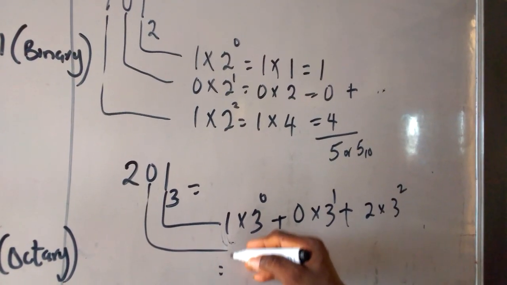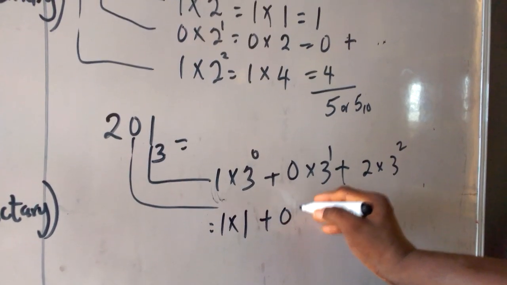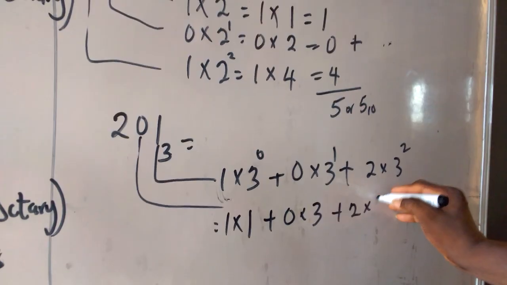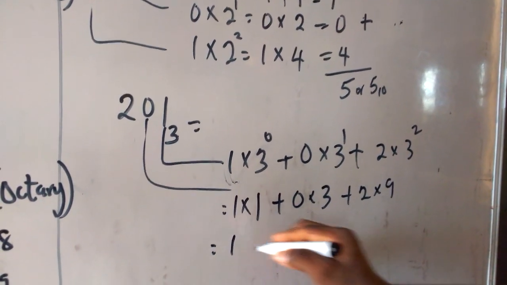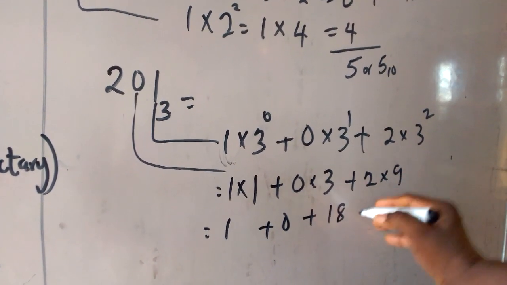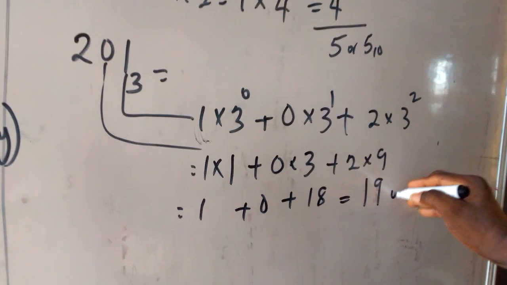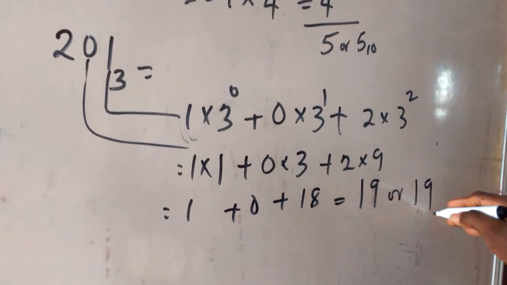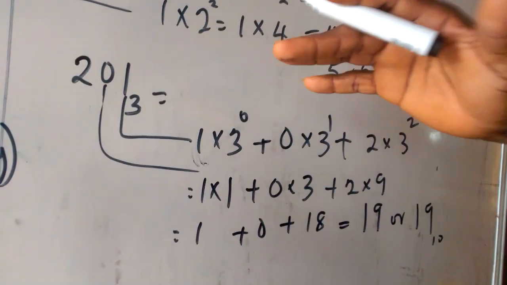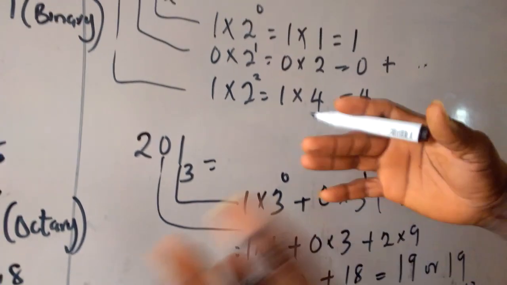This gives me 1 times 3 raised to the power 0 is 1, plus 0 times 3 raised to the power 1 is 0, plus 2 times 3 raised to the power 2, which is 2 times 9, is 18. Everything here gives me 19. I can leave it as 19, or I can say 19 base 10. Then I have solved it. The same way it goes for the others.